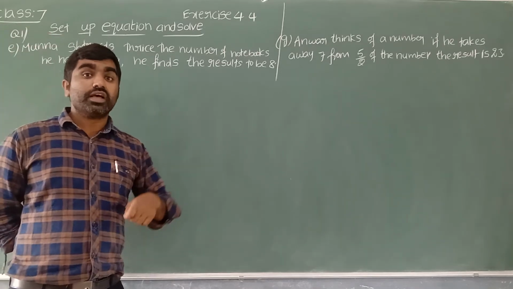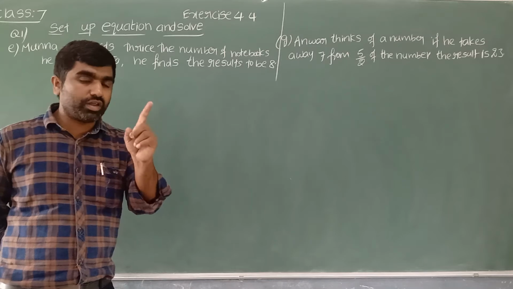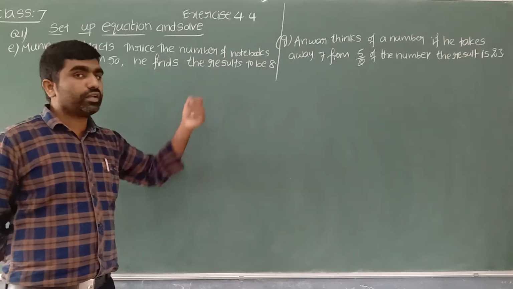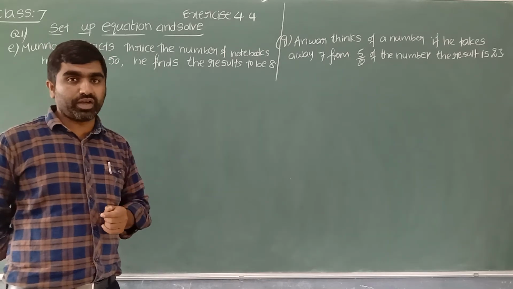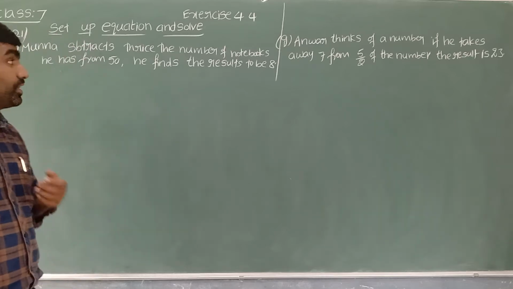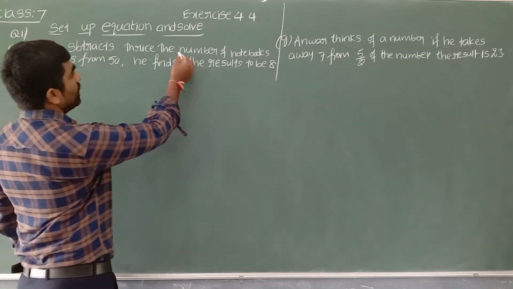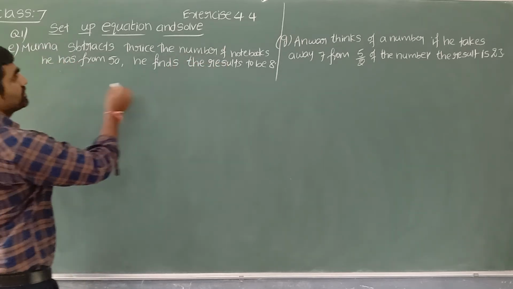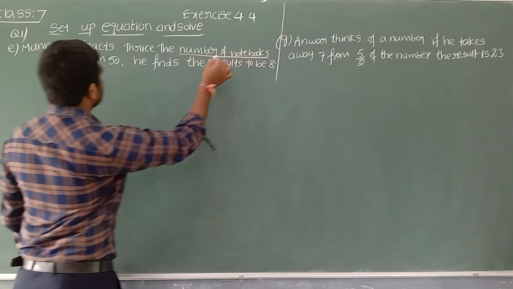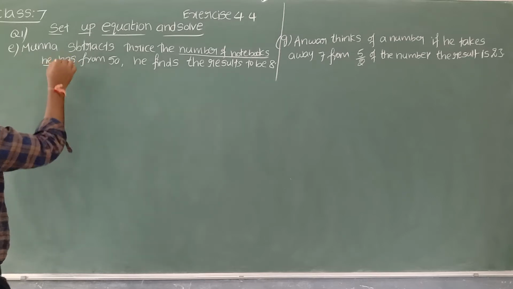Why? Because a simple equation contains only one variable. So here one value is unknown, and we have to identify what it is in this situation. Yes, it is the number of notebooks he has.